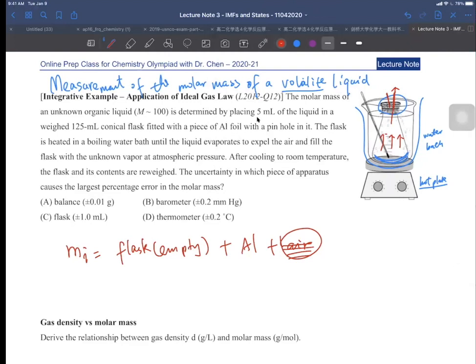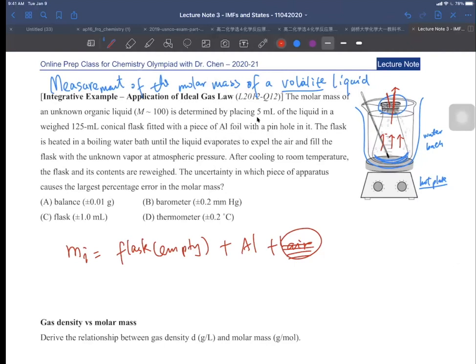Finally, there will be a moment when the whole flask is filled by the vapor of the liquid. Then you continue to heat until all of the liquid is just gone. At that point, in the flask there is only the vapor of the liquid.